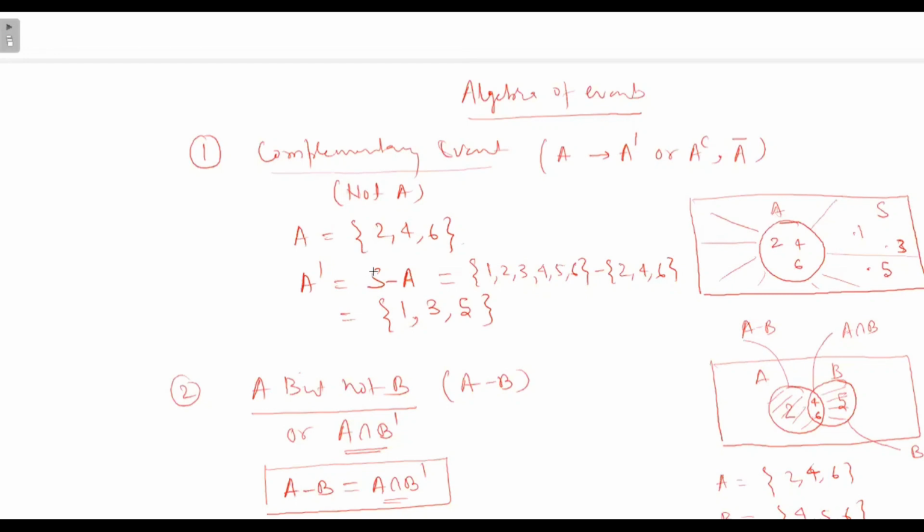If 1 or 3 or 5 comes, I can say that definitely A has not happened, because A will happen only when 2 or 4 or 6 comes. So this is the meaning of A complement: if A complement has happened, then I can be sure that A has not happened.